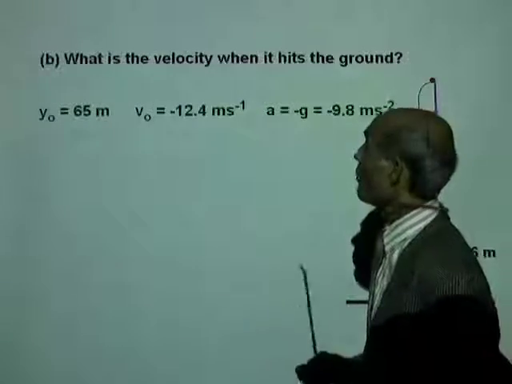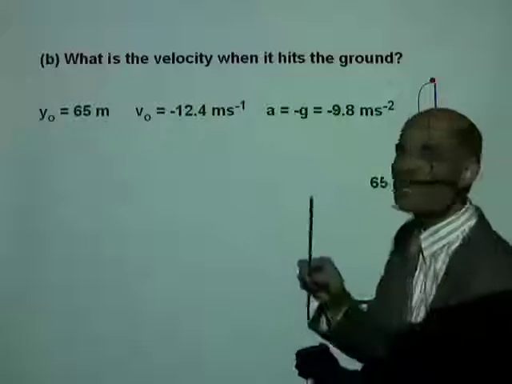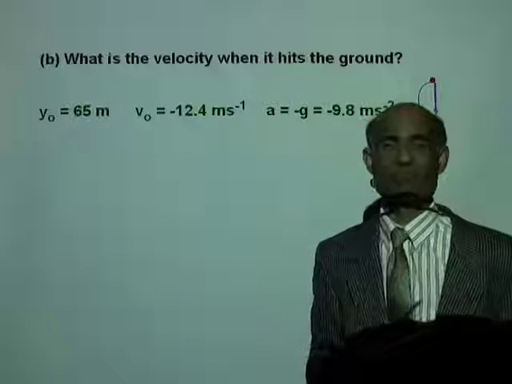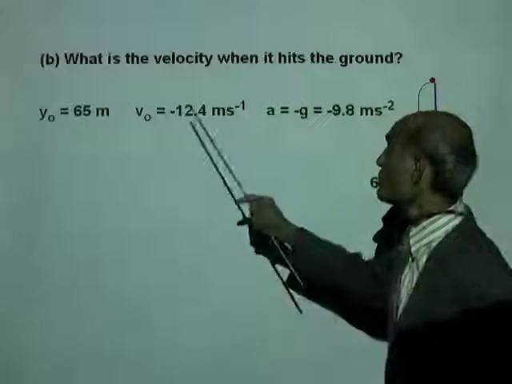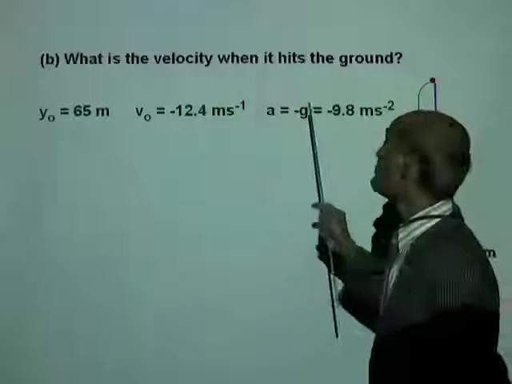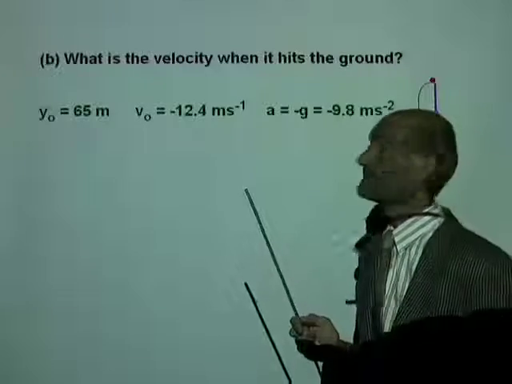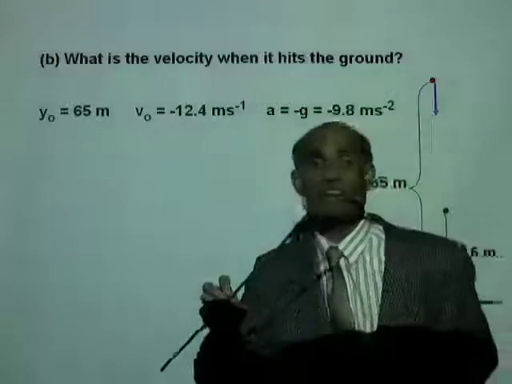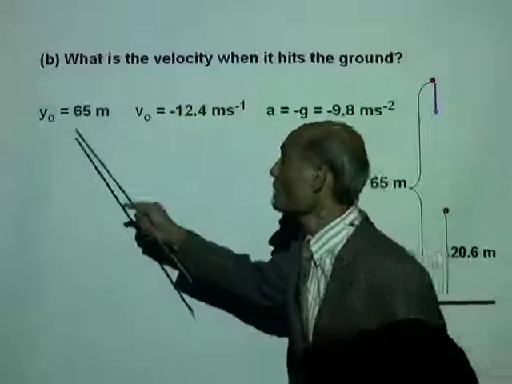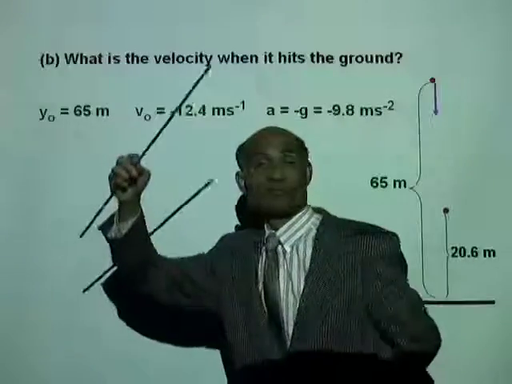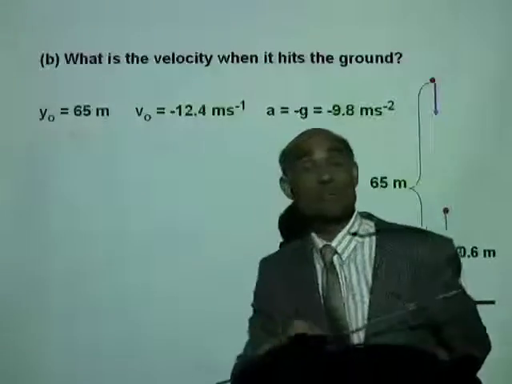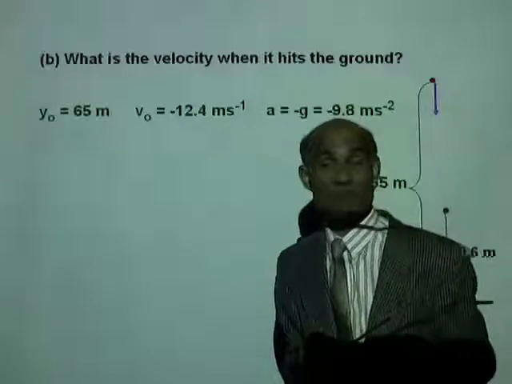Alright, the next one. What is the velocity when it hits the ground? Well, we know the initial velocity. We know the acceleration. We need to find the final velocity. We know the displacement. Do we know the displacement?